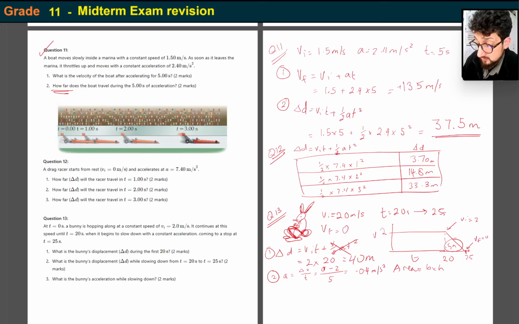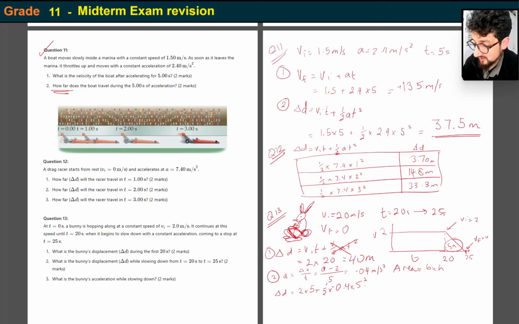And now, using the formula, I know that delta d is equal to, I just need the last bit, so I don't need to work it out from the start. vit plus half at squared. So it's 2 times 5 plus half times negative 0.4 times 5 squared.